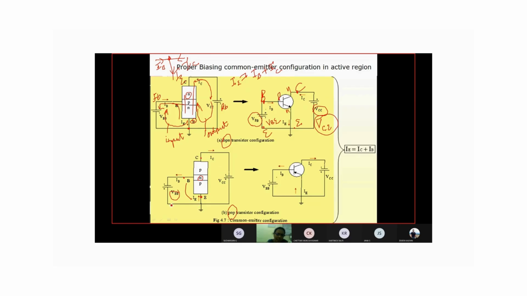Because of the application of the potential, here holes, the majority carriers, will be repelled by the positive terminal of the battery, and the holes will be moving like this. While moving towards the collector, what will happen?